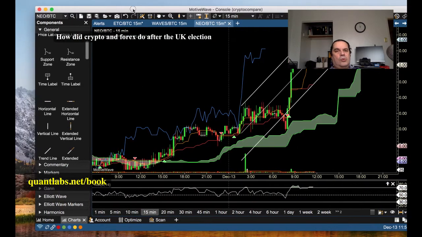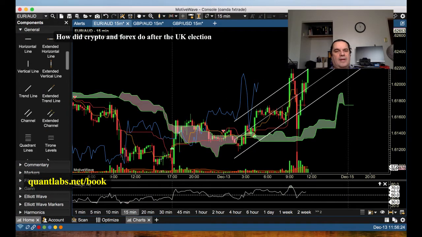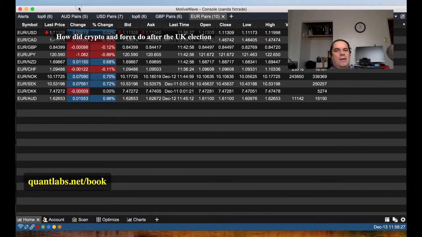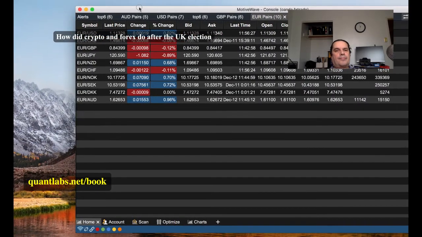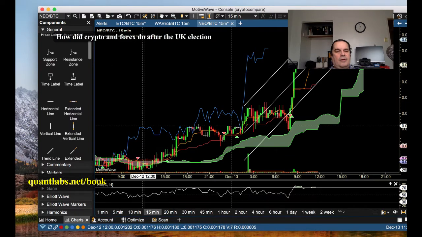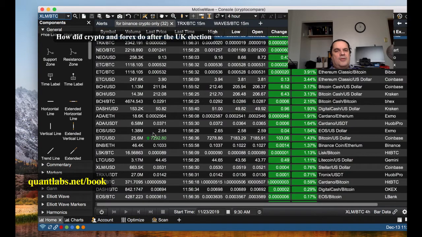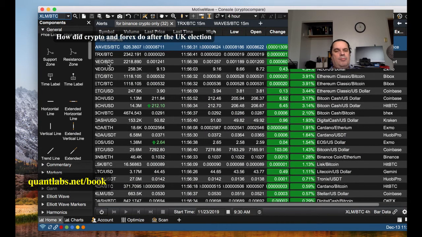All right, so going over the chart here. So we have Neo in there. Hopefully we can get some nice action out of Neo. We've got, let's go over here. Home. So we've got Neo, Ethereum Classic, Tron, BTC.